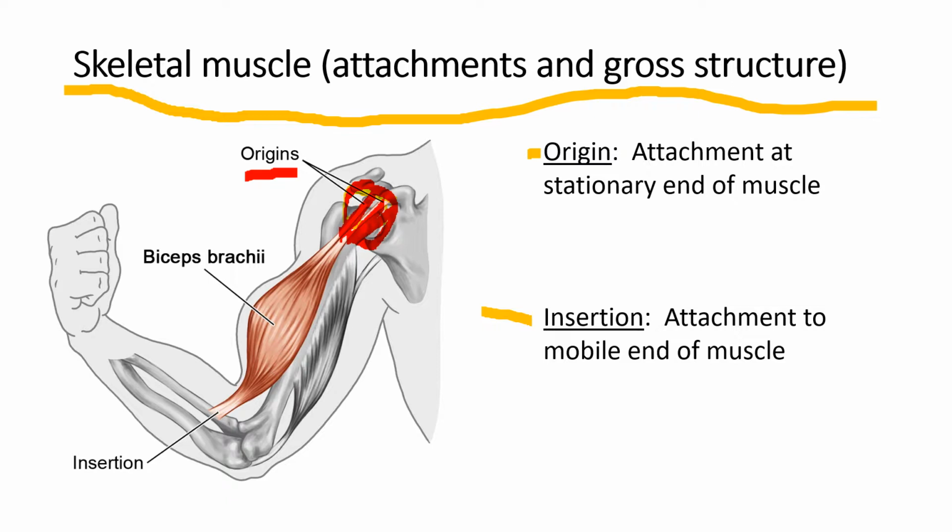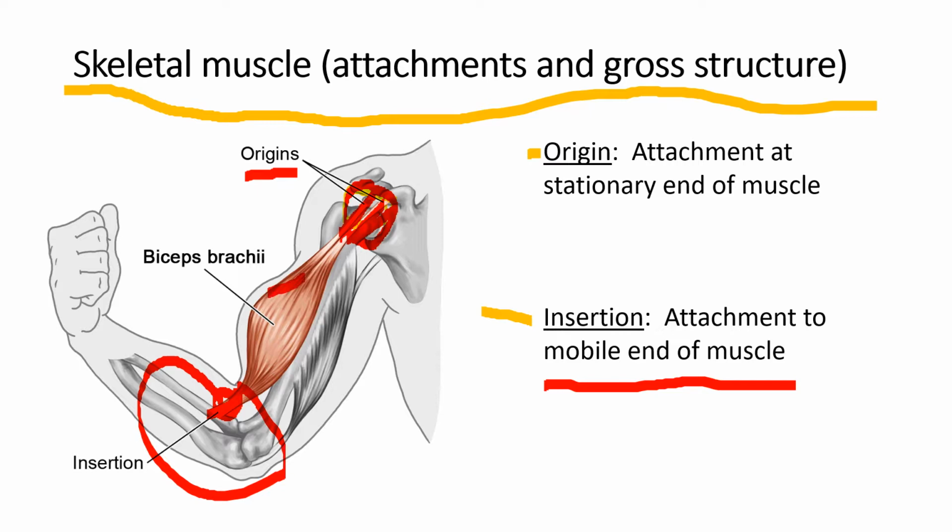Whereas insertion is the attachment to the mobile end of the muscle. So this part is the insertion right here. Why? Because this portion you can actually move, right? So this will cause contraction of the biceps and relaxation of the triceps.